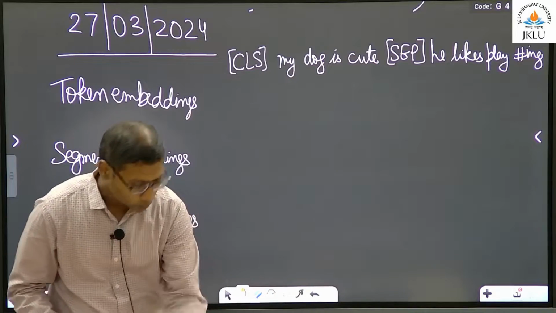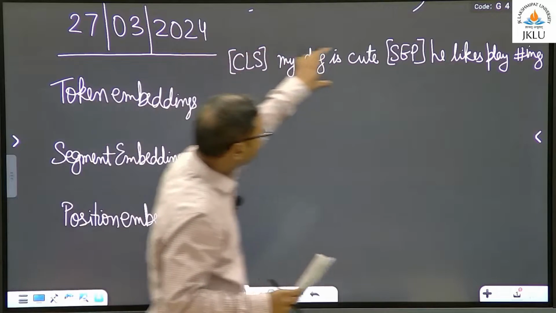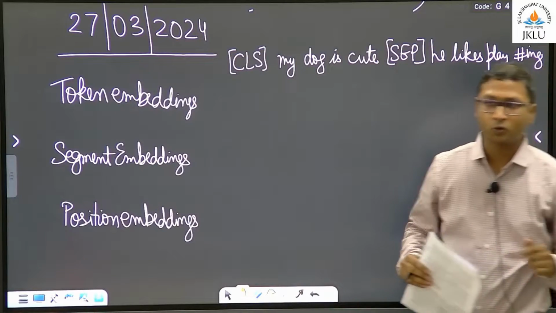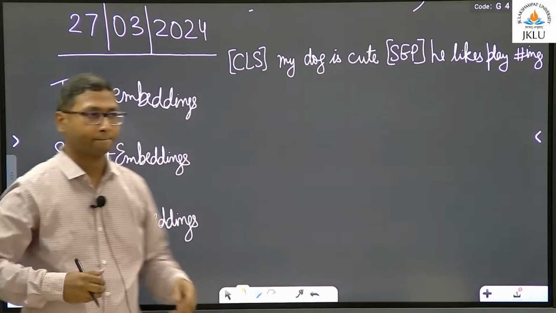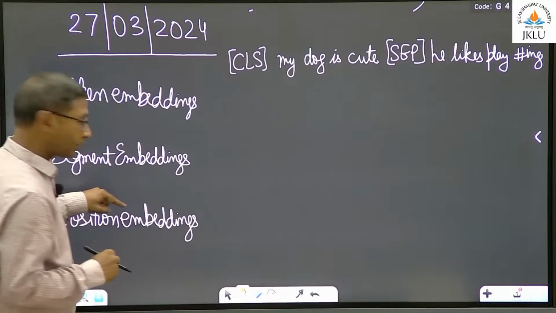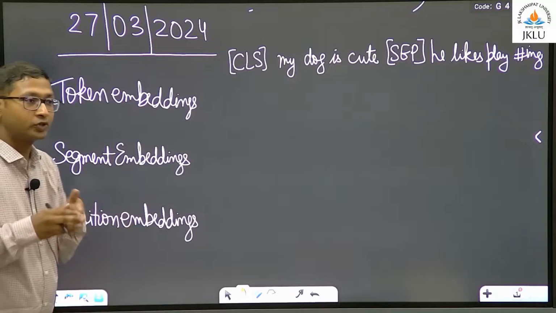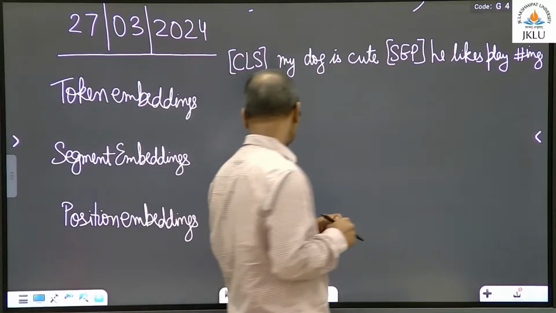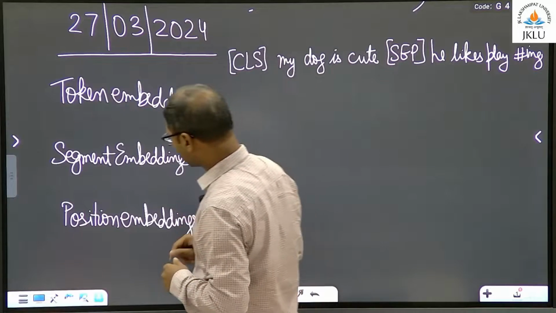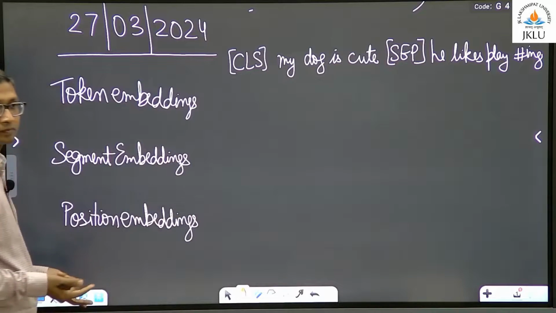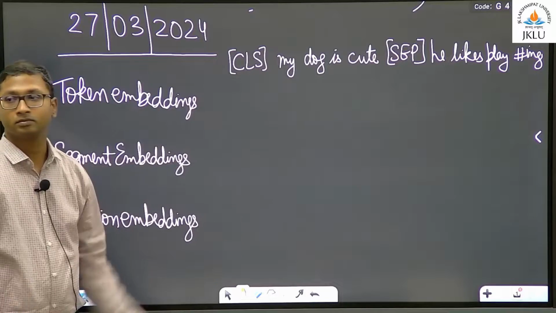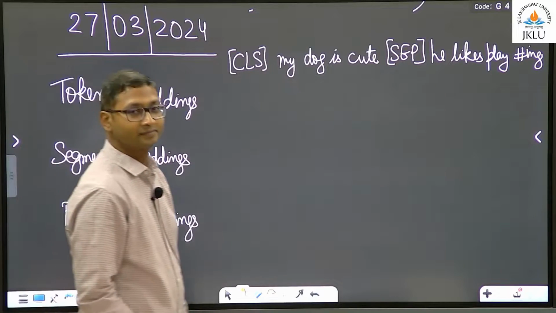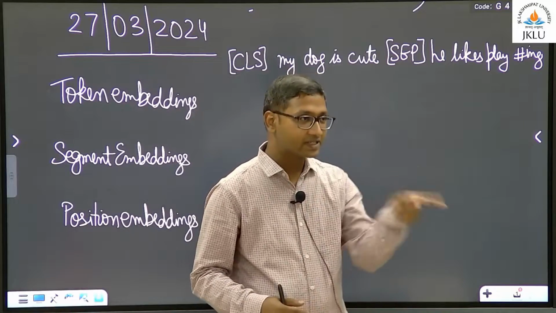How will I feed this particular sentence to BERT? That is the question we are asking. You need to have something called position embeddings. How many positions are there in BERT? 768 is my D model.